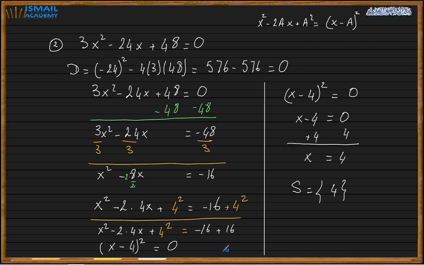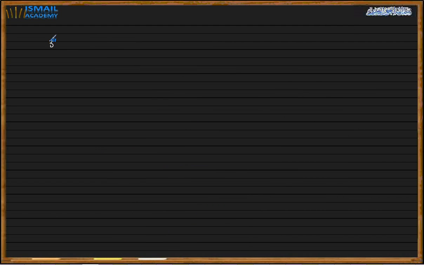So let's do another example. Suppose I want to solve 2x squared minus 14x plus 10 equal 0. Like I said at the beginning, I need to find out my discriminant.